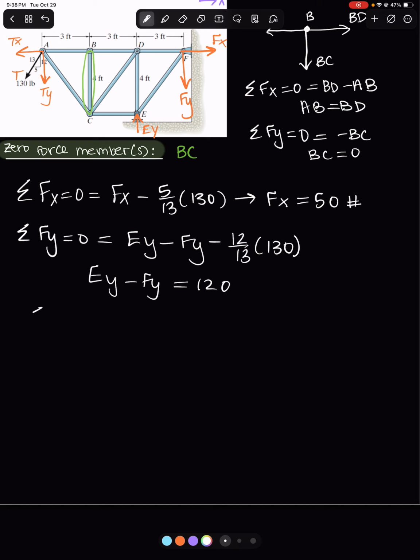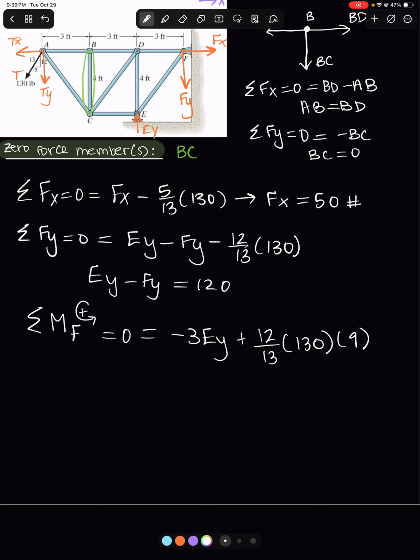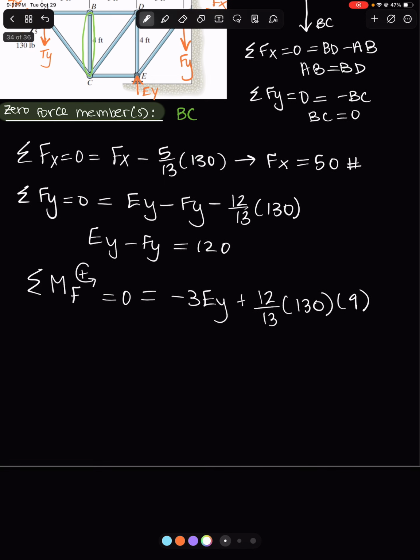Solving for the moment about F, which you can choose about wherever you'd like, I'm going to do about F. That's going to give us negative 3Ey. And I'm sorry if you're not very familiar with moments and the directions, but if you're on trusses and statics, I'm going to assume you know them, so I won't cover them.